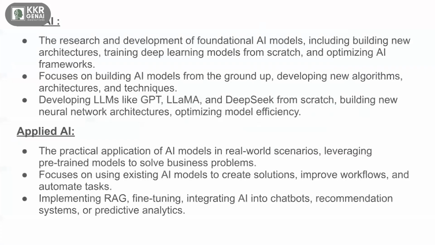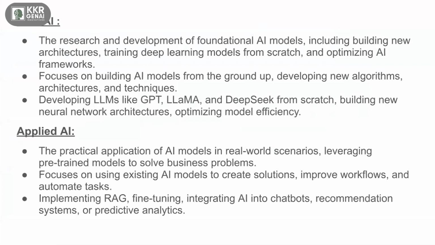So, before we deep dive into prompt engineering, I want to talk about two things. One is core AI, and the second one is applied AI. So what exactly is core AI? Core AI is nothing but research and development of foundational models.